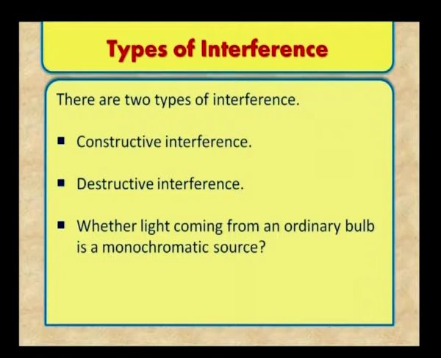This is a question I raised just now: will light coming from a bulb lead to an interference pattern? It may be monochromatic light, but the point is, you should have two slits. From a single light source, you will never get an interference pattern.